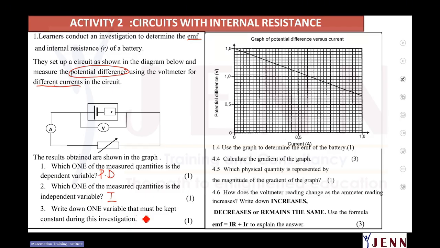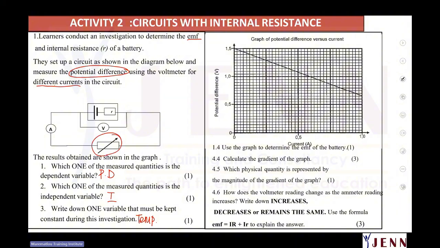According to Ohm's law, the first one would be temperature. But that's not the only thing that you're going to keep constant here. You're also going to try and keep external resistance at its minimum, because you want to observe internal resistance. It should be the one that you're able to control. So this is what we call a variable resistor.